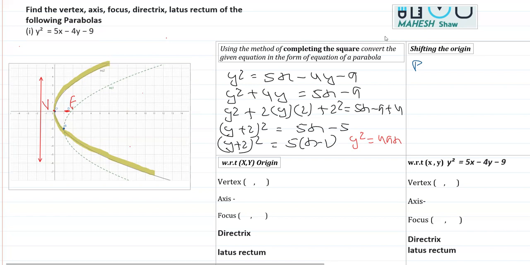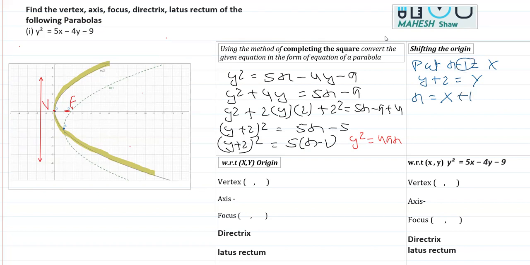I'll put x minus 1 is equal to capital X, and similarly y plus 2 as capital Y. And we can obtain the small x with respect to capital X. On transposing this minus 1 to the other side, it is capital X plus 1, and small y is going to be capital Y minus 2.